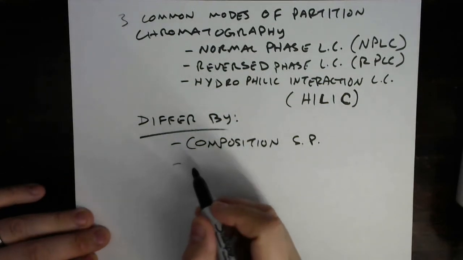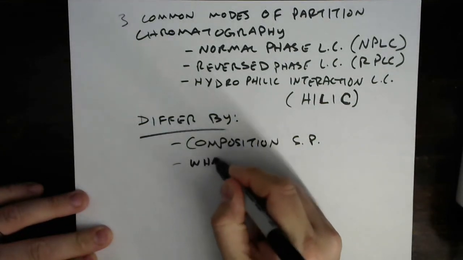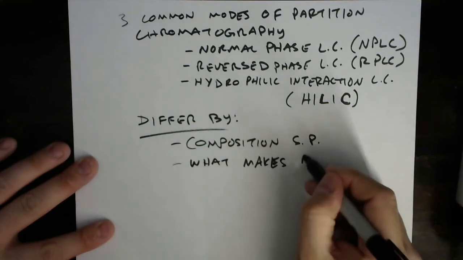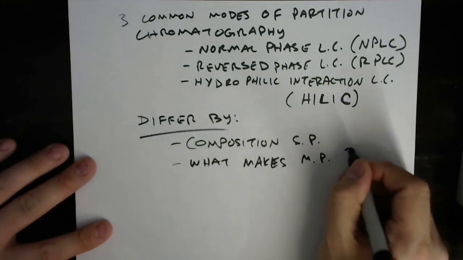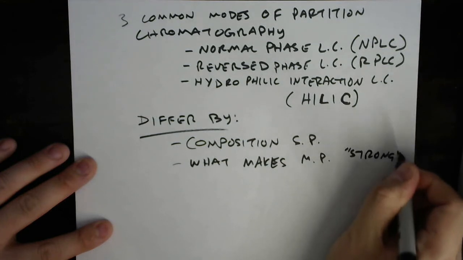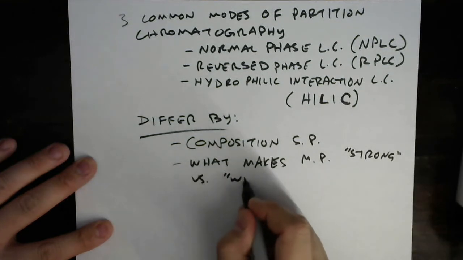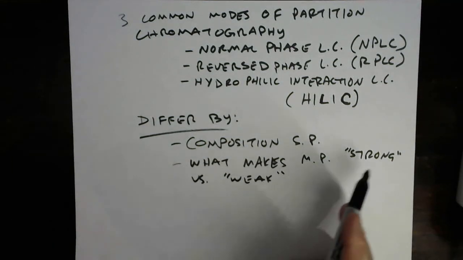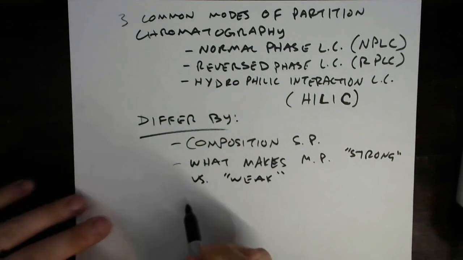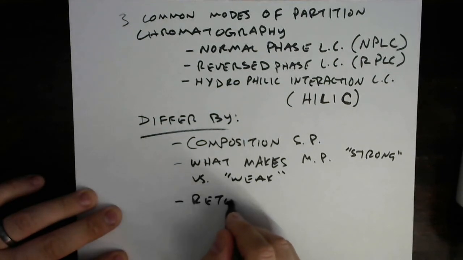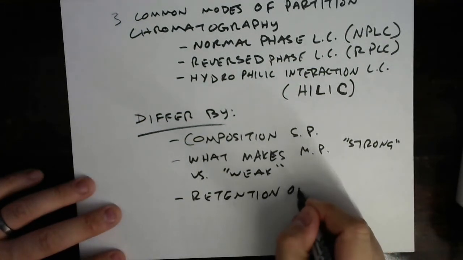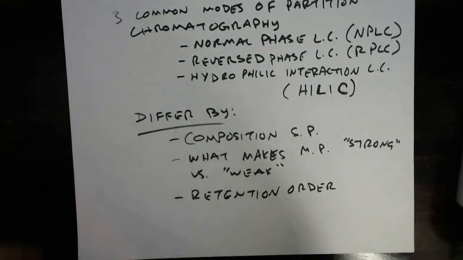They differ by what makes a mobile phase strong versus weak. We've talked about this concept before when we talk about gradient elution, right? We go from weak mobile phases to strong mobile phases. And they differ in what is the retention order. If you have a selection of analytes, when do you expect them relative to each other to come off the column, right? What is their retention order?